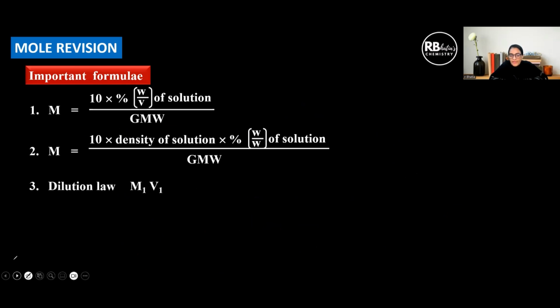Then the next is the dilution formula, the dilution law. M1V1 is equal to M2V2. Where are we going to use this? We have two important kinds of questions under this.